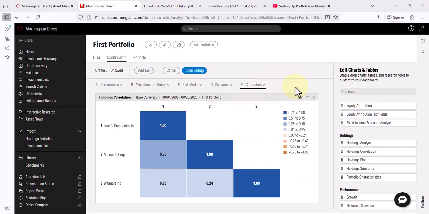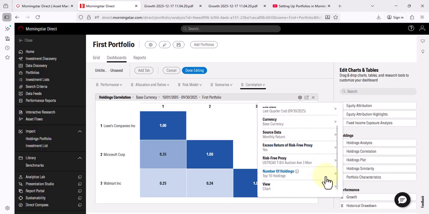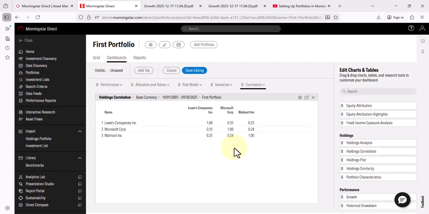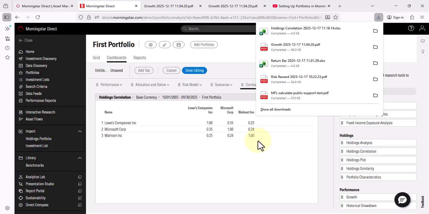And then again, like I said before, we can output this to either Excel or a PDF file. I can also change this from a chart to a table if I want to just show the numbers there. So let me just output that. This is just available to output in Excel, and really that makes sense because we don't have a chart to show.